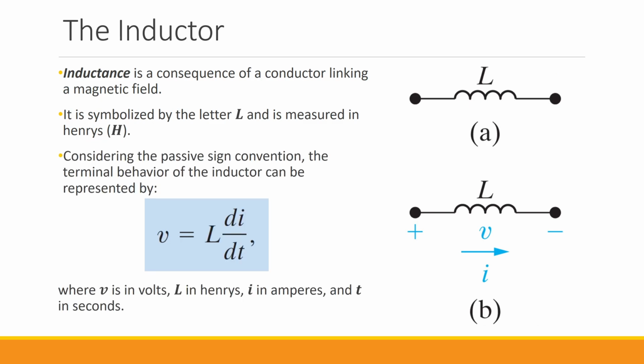Considering the passive sign convention, the terminal behavior of an inductor can be represented by this equation. The voltage across the inductor equals L, the size of the inductor in henries, multiplied by di over dt, the derivative of the current that flows through the inductor over time.